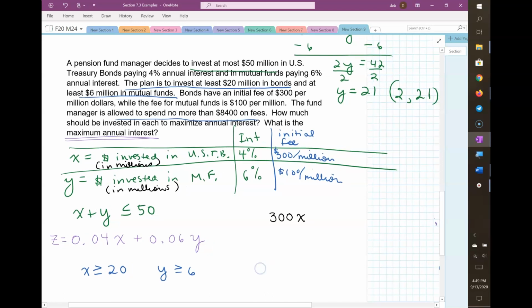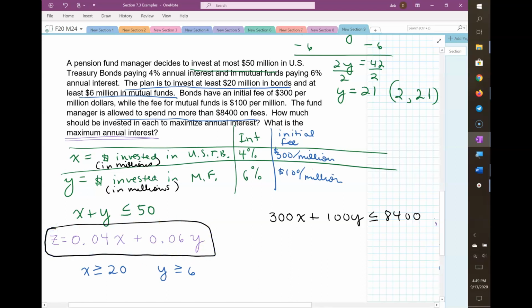So 300X plus 100Y is going to be the total of the fees, and we want that to be less than or equal to $8,400. That would be the most we would be allowed. So how much should be invested to maximize the annual interest? So that's how we knew the interest equation was the objective function.